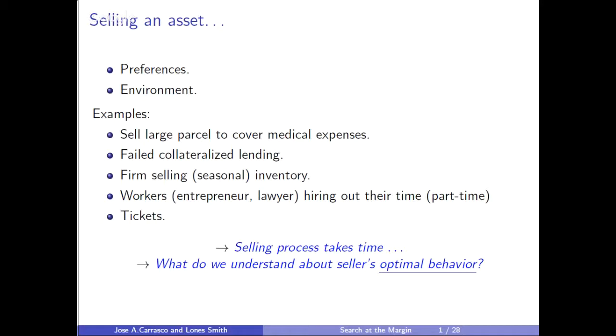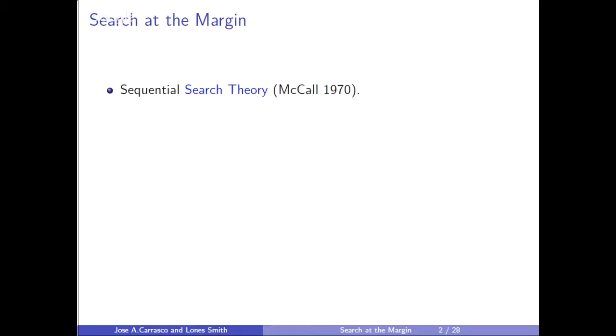That's the question. Okay? So that brought us to the literature, in particular to the sequential search theory initiated by McCall in the 1970s, but the focus there is indivisible assets. So the seller might be selling a car or a house, just one asset, okay?